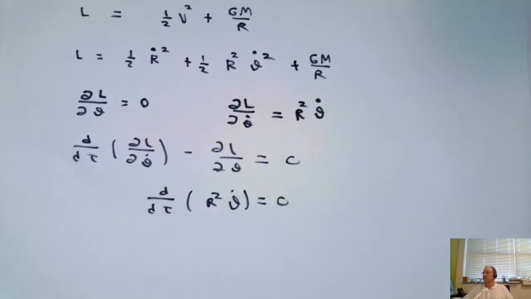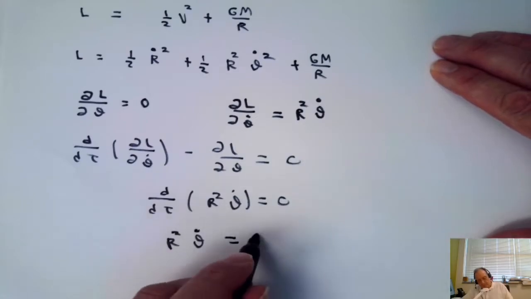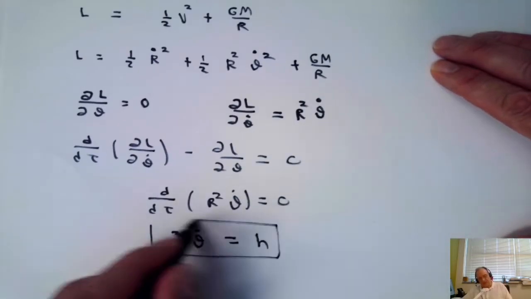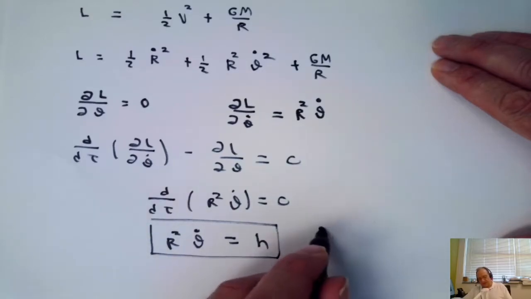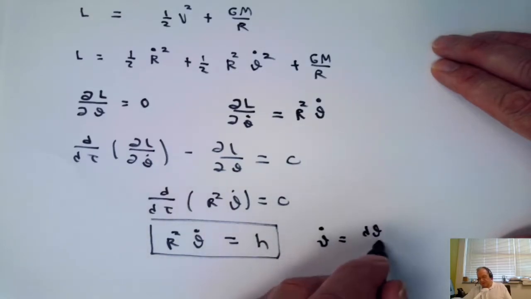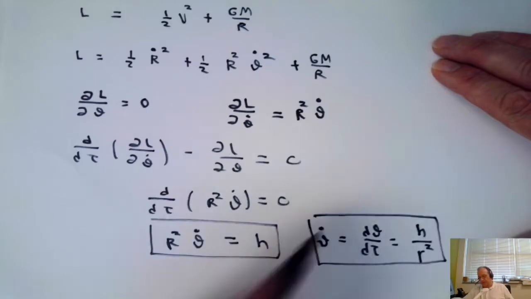This means that r squared theta dot itself must be a constant. I'll call that constant h. H is the angular momentum of the moving object divided by its mass. It's the angular momentum per unit mass. This will let me figure out that theta dot, which is d theta dt, is a constant h divided by r squared. That'll be very useful to know in what's coming.